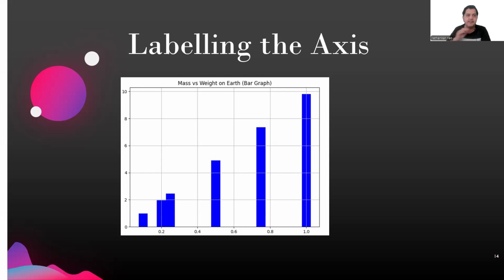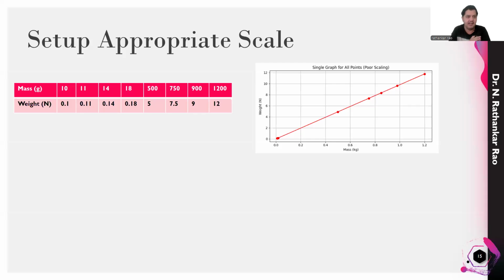Okay, next. Set up appropriate scaling. Okay, this is the next important point. While these are all practically important things for your IA and EE, sometimes it will also be useful in theoretical questions in your paper 1, right? So here, as you see, the mass versus weight, I have given some values over here. It's being plotted over here. See these 4 values.